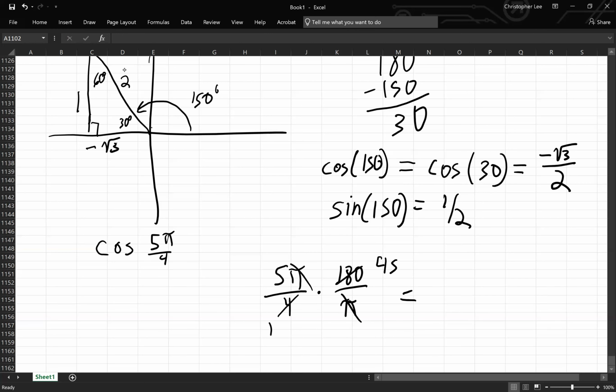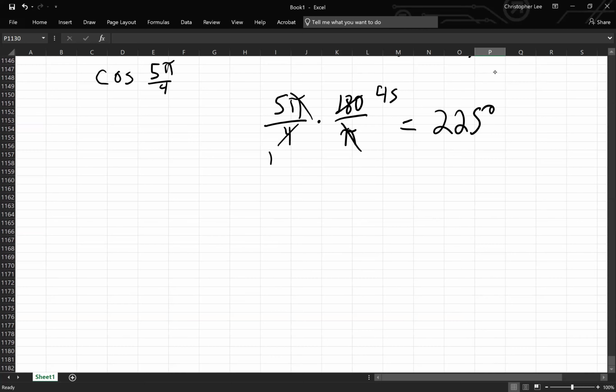Right? So 5 times 45 is 225. So this is 225 degrees, right? 225 is less than 270, but more than 180. So we're in the third quadrant with this.